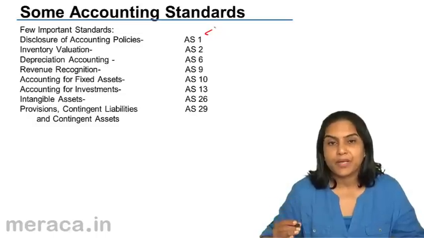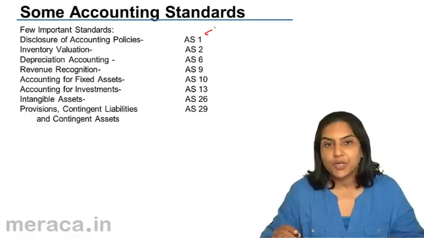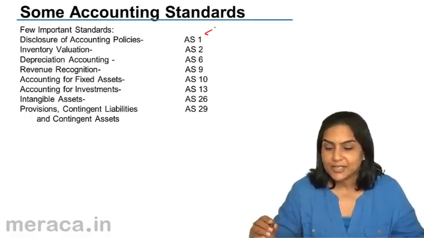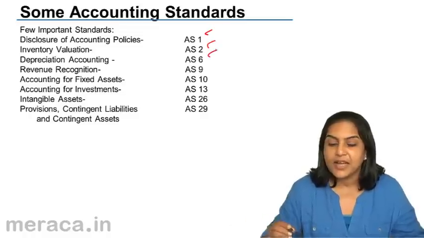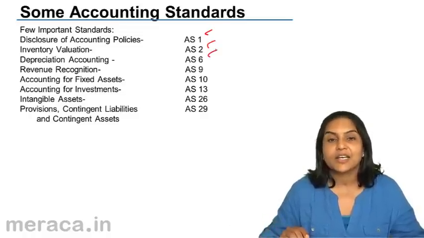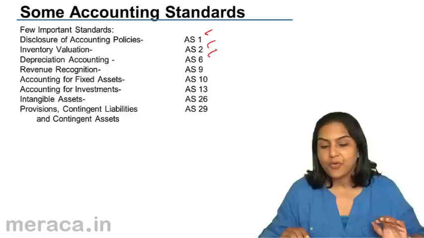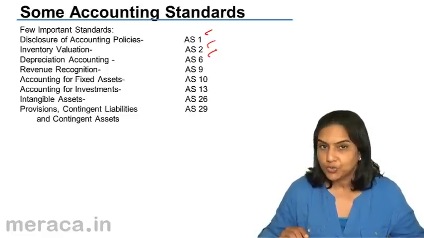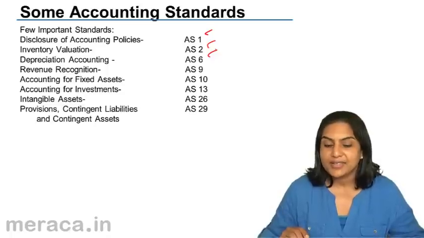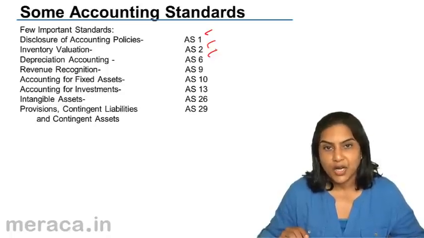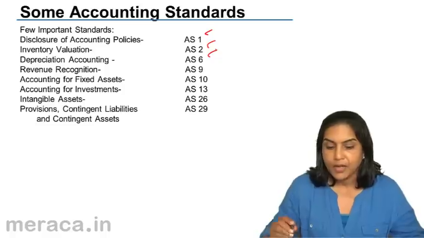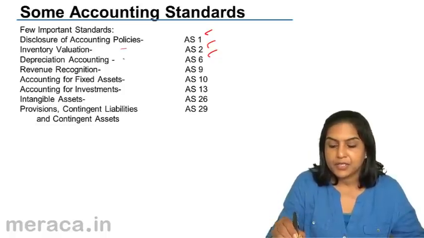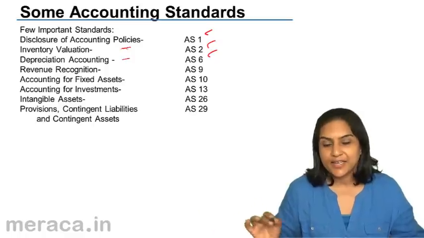It may be a FIFO method, it may be a weighted average cost method, etc. So inventory valuation deals with some issues like this. Similarly, there is depreciation accounting, that is accounting standard 6. So accounting standard 1, disclosure of accounting policies, accounting standard 2, inventory valuation, and 6 is depreciation accounting. These would be covered in later chapters.